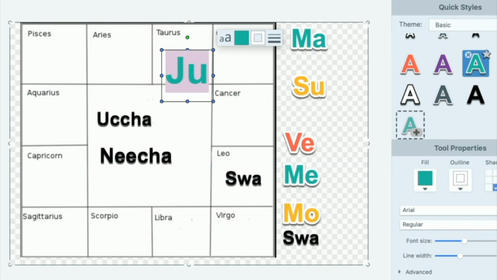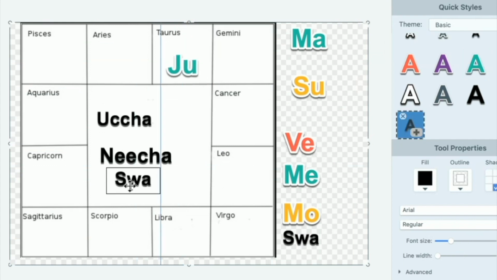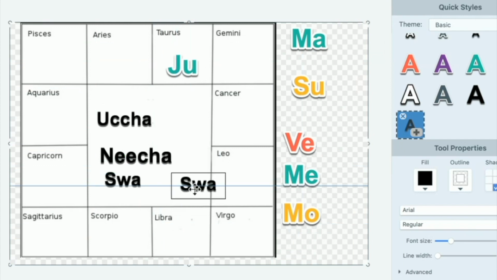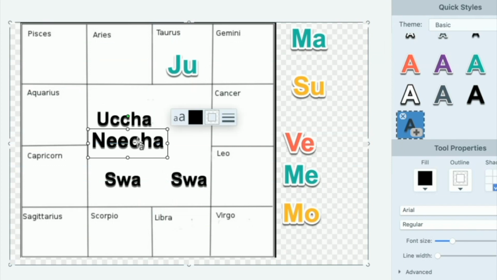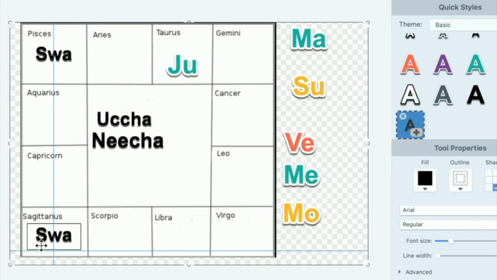So Jupiter's Swarashis, what signs does Jupiter rule? I hope it's the fifth place, Leo. No. Jupiter rules Pisces and Sagittarius.